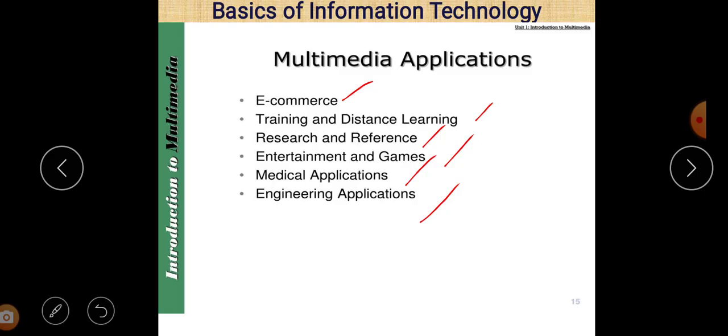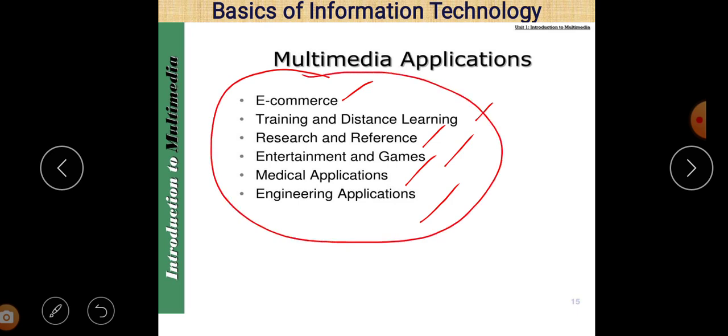So these are the fields where multimedia applications are used: e-commerce, means electronic commerce, training and distance learning, research and reference, entertainment and games, medical applications, and engineering applications.